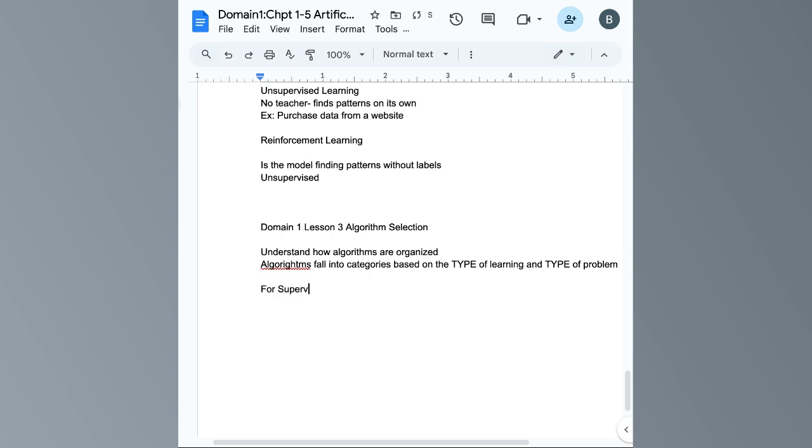For supervised learning, which is learning where the data comes with a label that allows the model to accurately predict which label to apply, there are two types. One is classification, which predicts a category, and the other is regression, which predicts a number.